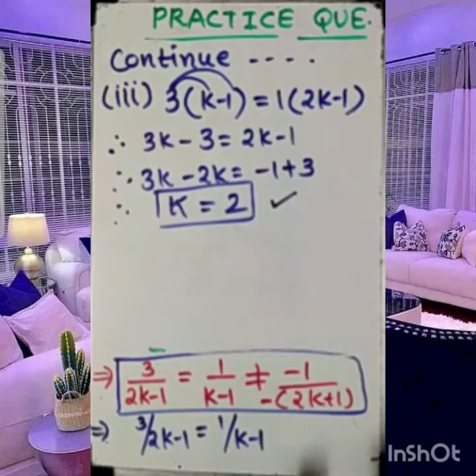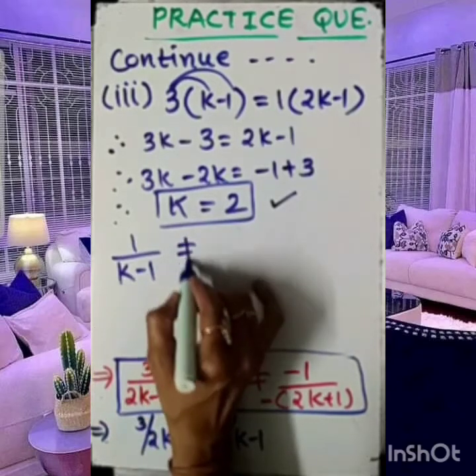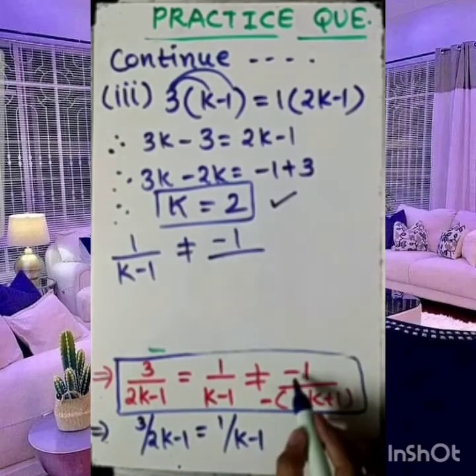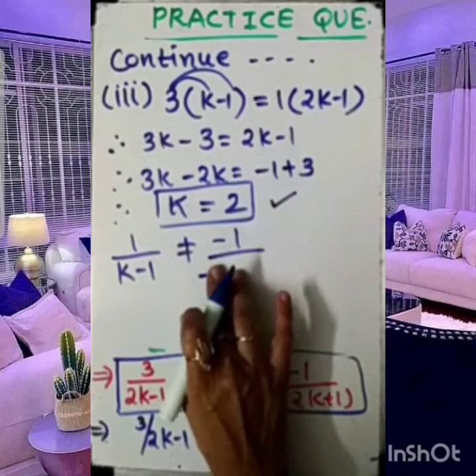So similarly we can compare this also. Okay, if you compare, then the value is also something like that. So we can compare 1 upon k minus 1 not equal to minus 1, it is cancelled, minus minus on both the sides, so it is 2k plus 1.